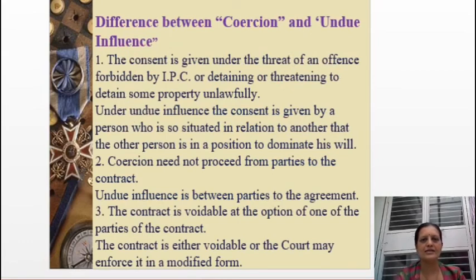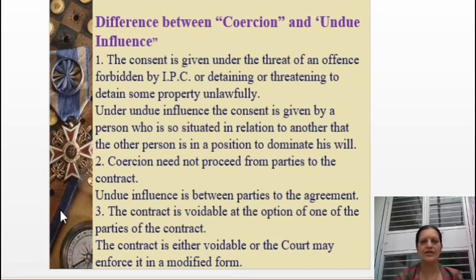Let us discuss the difference between coercion and undue influence. The first difference: in case of coercion, the consent is given under the threat of an offense forbidden by the IPC, or detaining or threatening to detain some property unlawfully.